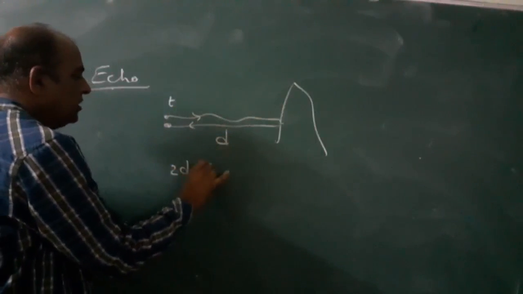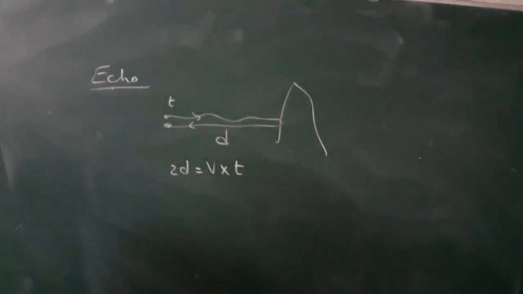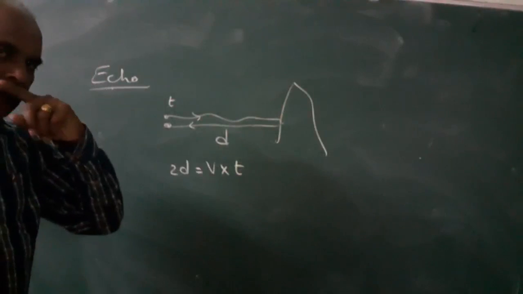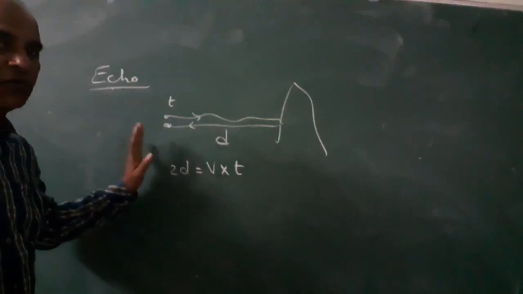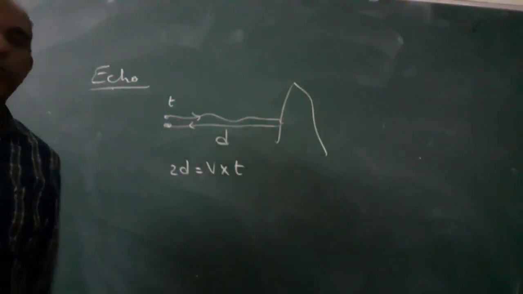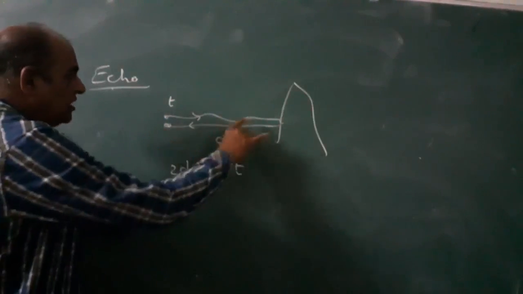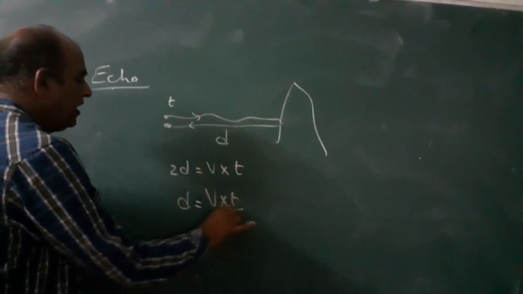Then 2d is equal to v into t, where v is the velocity of sound. Because sound is a wave and we consider the total distance traveled, 2d is equal to v into t. Therefore, the distance of the obstacle from which we hear an echo is equal to v into t by 2.